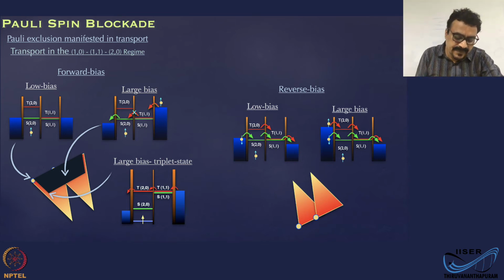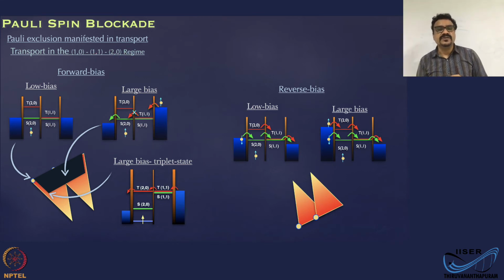It is the manifestation of Pauli's exclusion principle in transport property and happens in a tunnel coupled few electron double quantum dot system in the transport regime of (1,0) to (1,1) to (2,0).